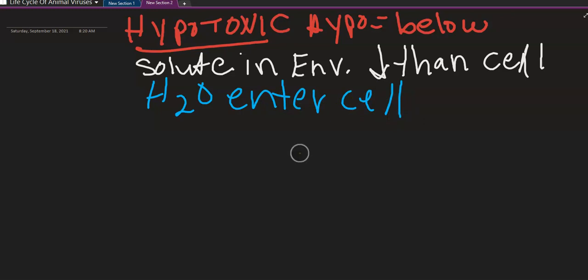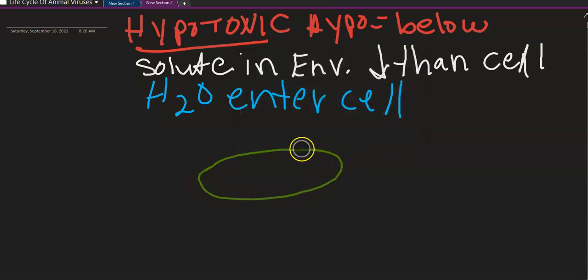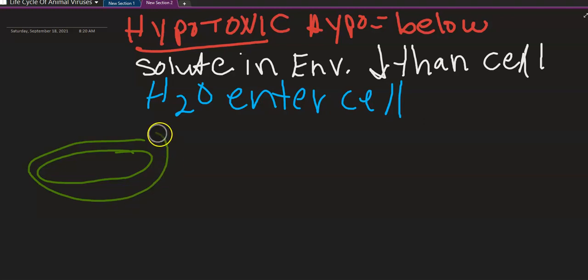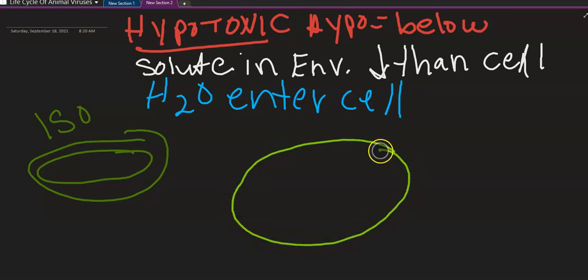All right, so again, we're going to draw our cell with a cell wall, okay? And here I'm going to draw the original one first so you can kind of see it. This was our original cell, the isotonic cell. And so this one, if it's going to draw water in, it's going to be larger, right?